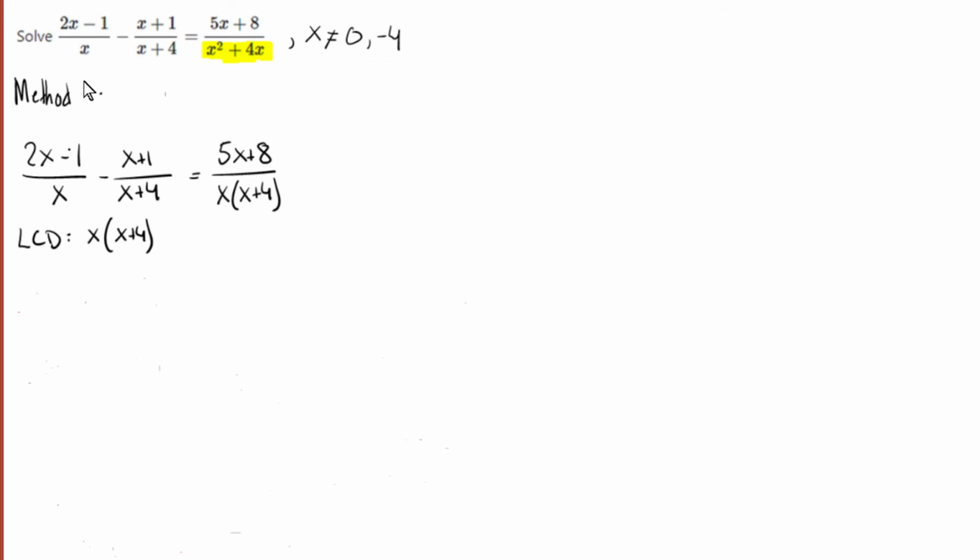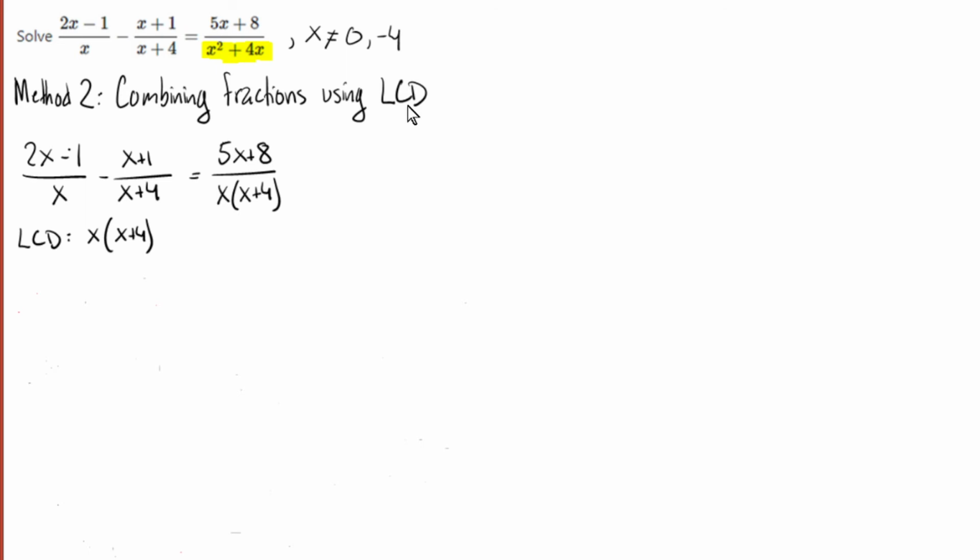So we can refer to that as method 2. So here we're going to be combining quotients or fractions using the lowest common denominator.